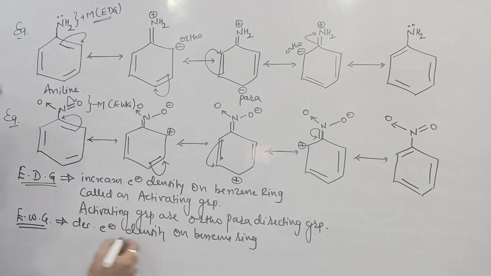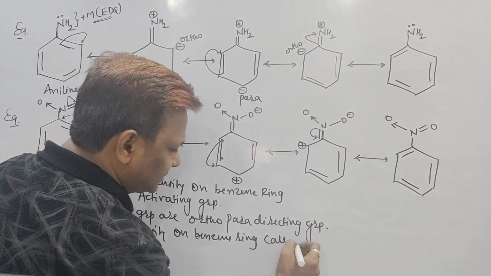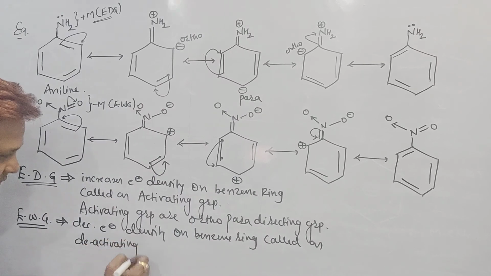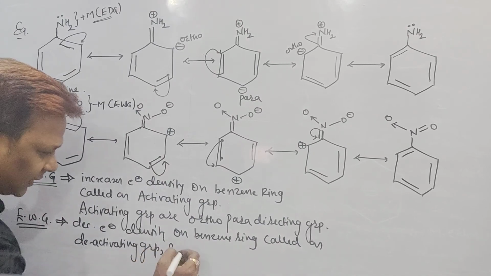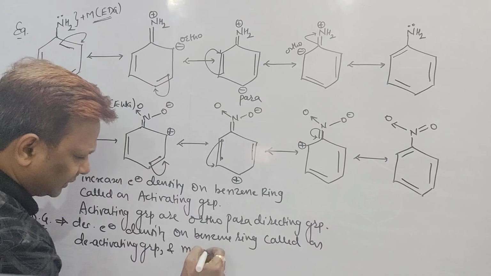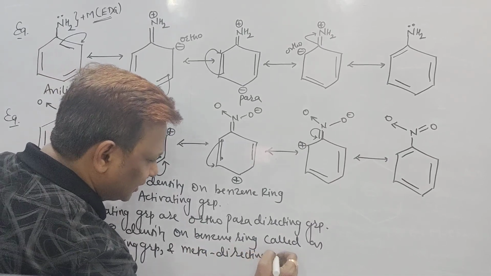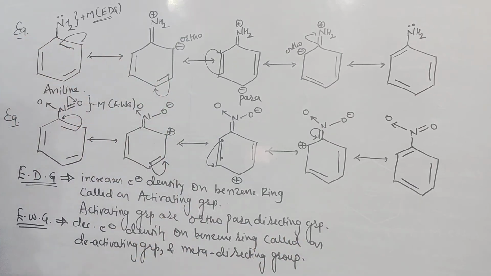The group which decreases electron density on the benzene ring is called, if one is activating, the other will be called a deactivating group. Deactivating groups are meta-directing groups. Meta-directing group means your incoming electrophile can attack only at the meta position.